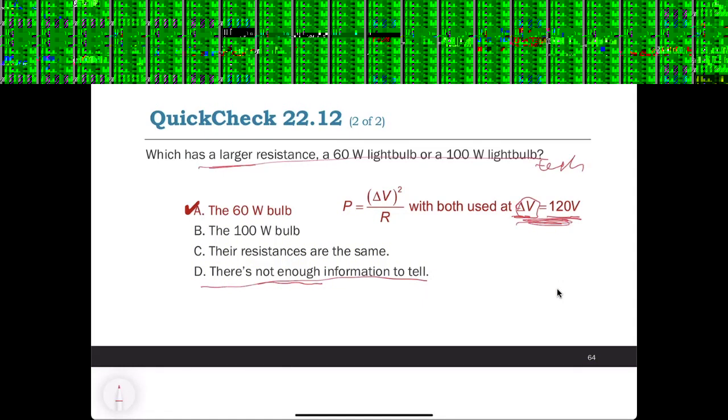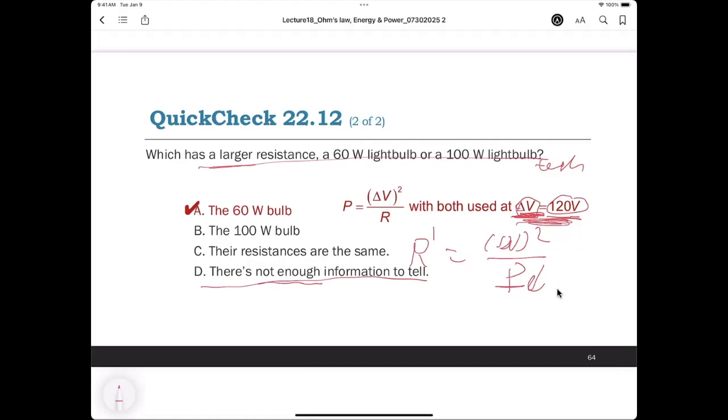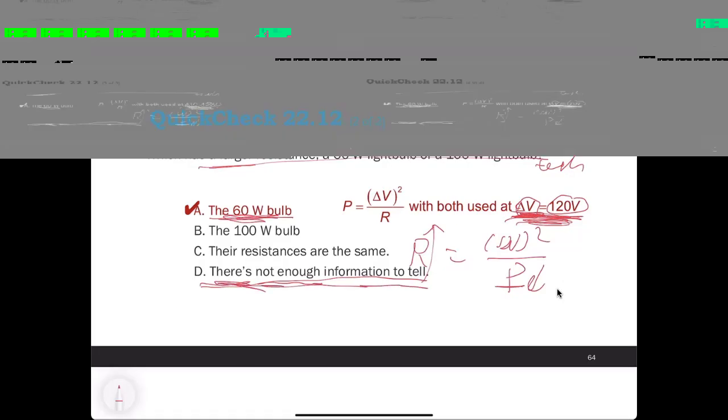If we know the voltage is 120, then R equals delta V squared divided by P, which means if P is smaller, the resistor will be higher. So this one will be the right answer. But if the question didn't give us this, the answer should be that there is not enough information to tell.